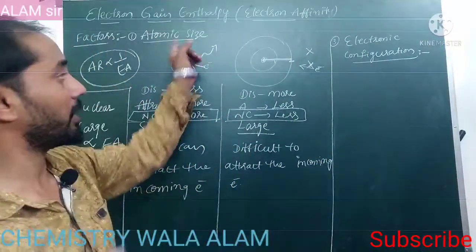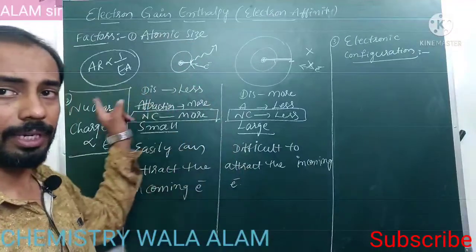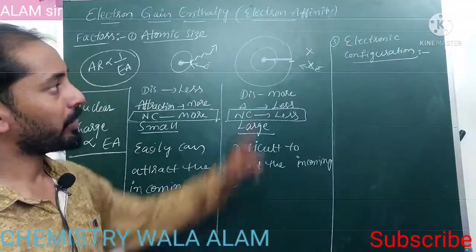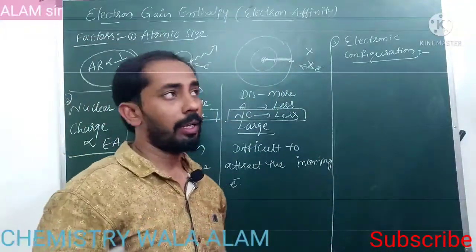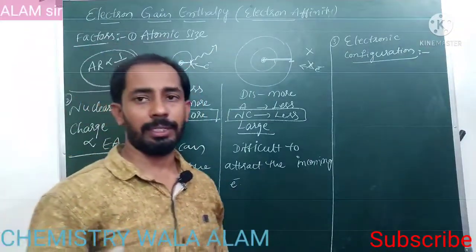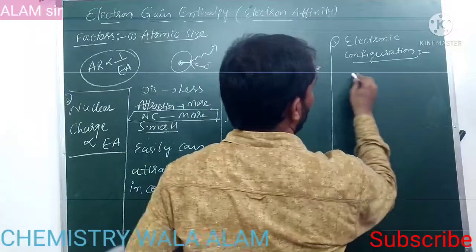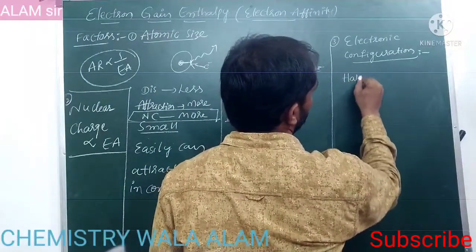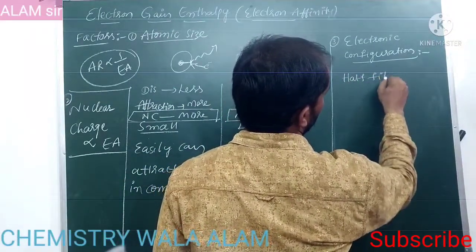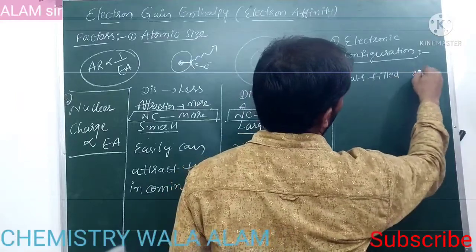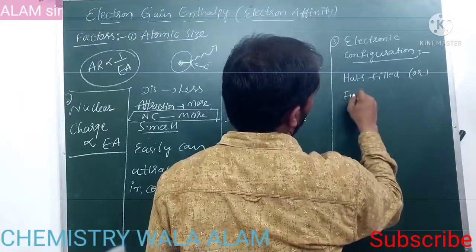The first factor is atomic radius or atomic size, the second one is the nuclear charge, and the third one is electronic configuration. Here it is mainly half-filled or full-filled.